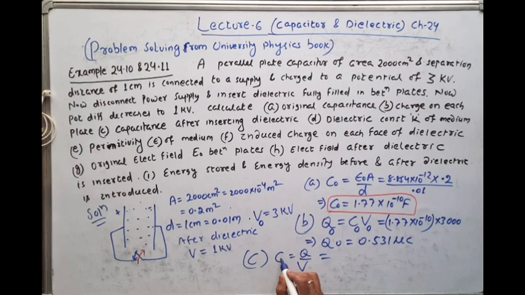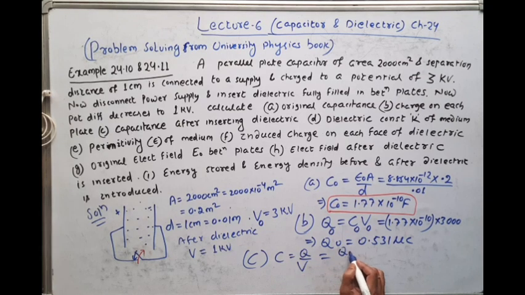So what is the new capacitance? C is equal to Q by V, where Q is the initial charge that will not change, but the potential difference is now V dash, which is equal to 1 kilovolt.